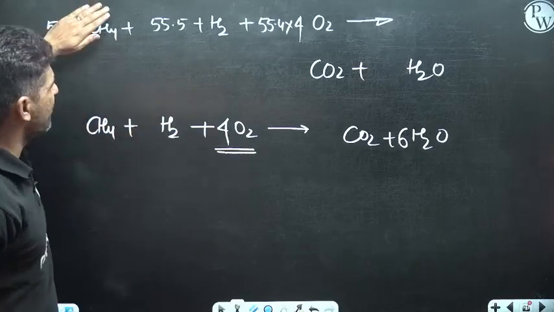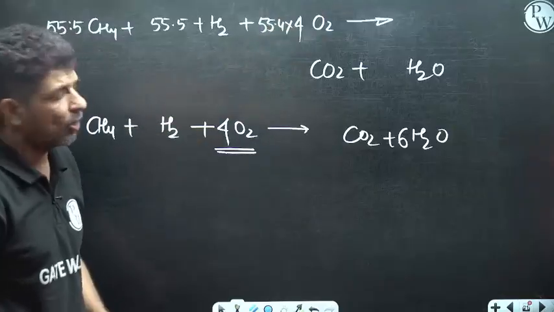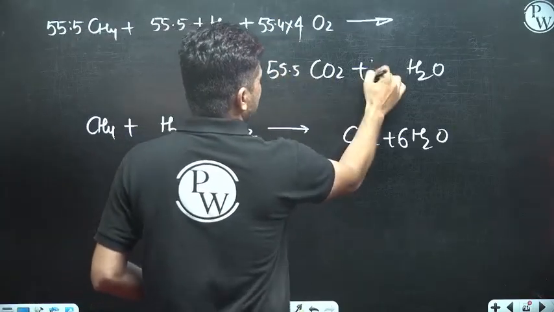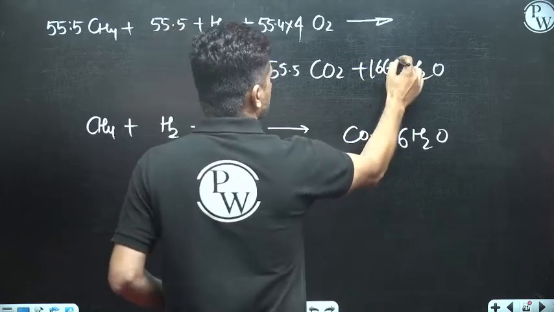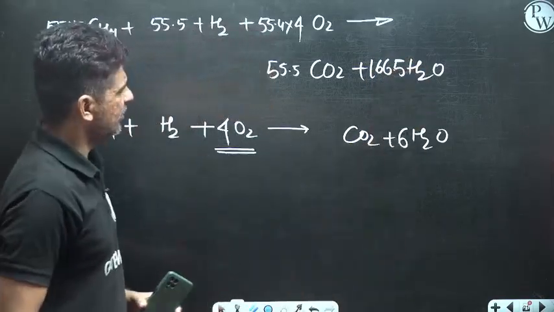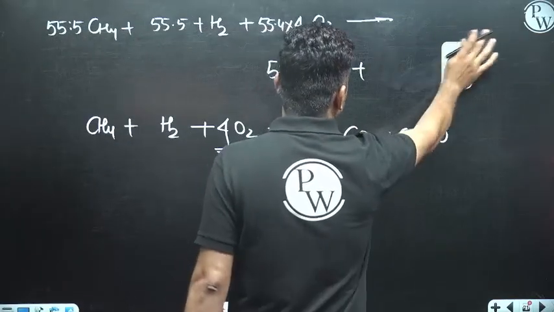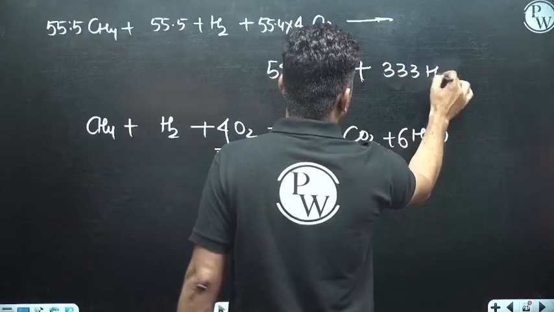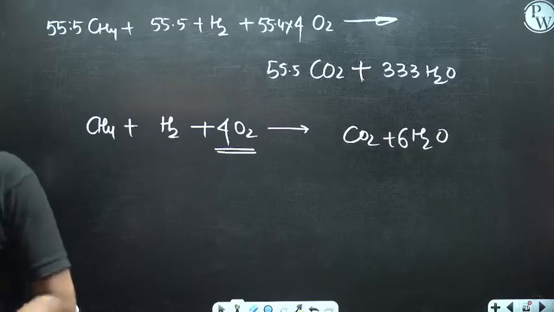So 55.5 will require 55.5 multiplied by 4 moles of oxygen, and that would lead to 166.5 moles of H2O, or 6 moles. That means 55.5 multiplied by 6. Okay, so 333 moles of H2O. Is it clear?